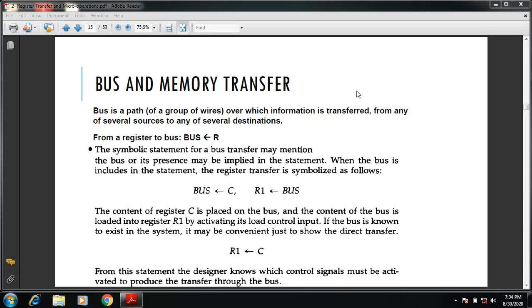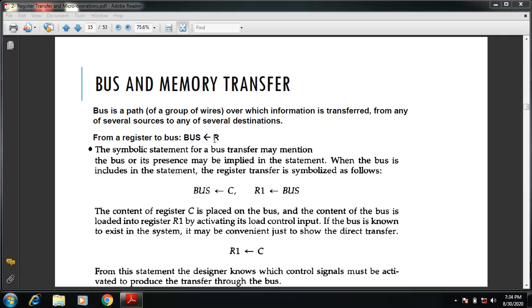Here one symbolic representation is register to bus. Here R is register, and it transfers from bus. Okay, the meaning is that for a bus transfer, the statement may mention the bus or its presence may be implied.